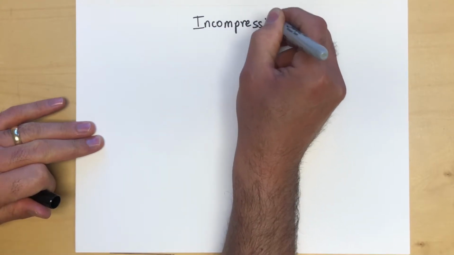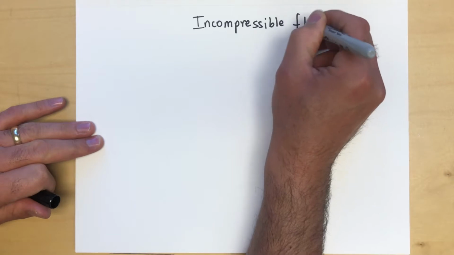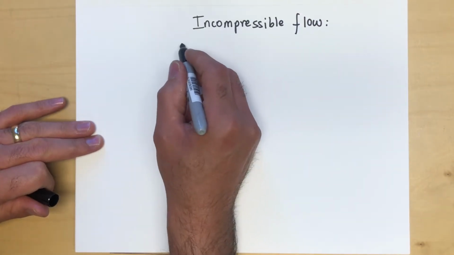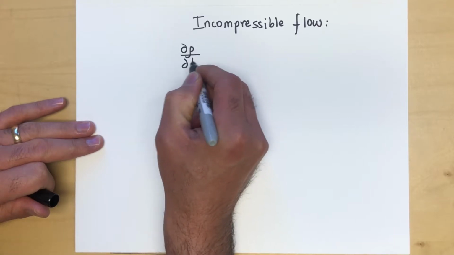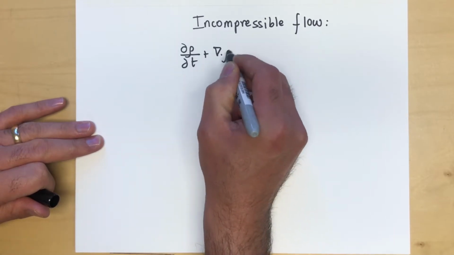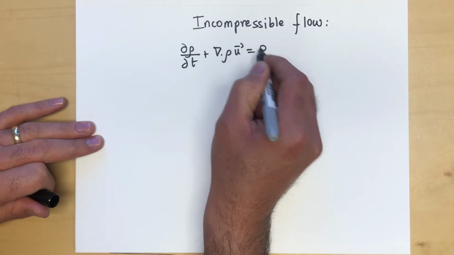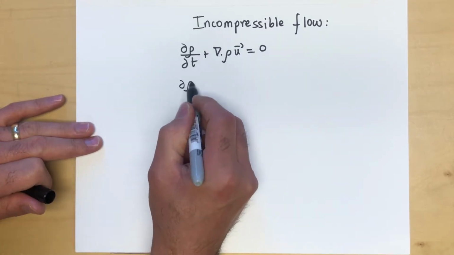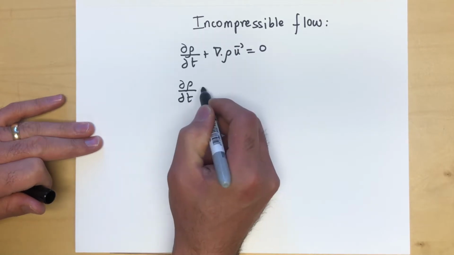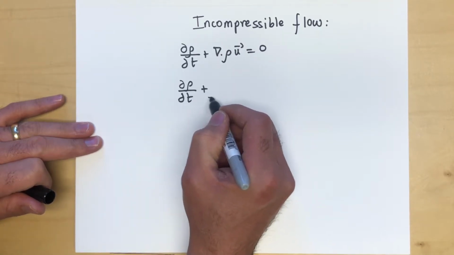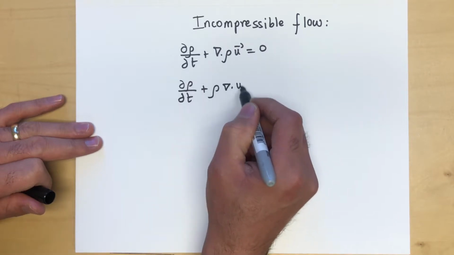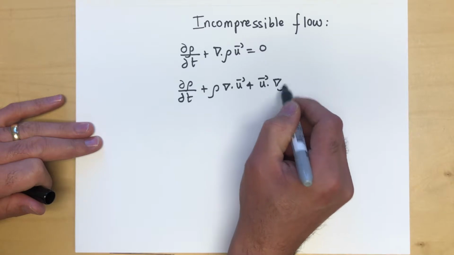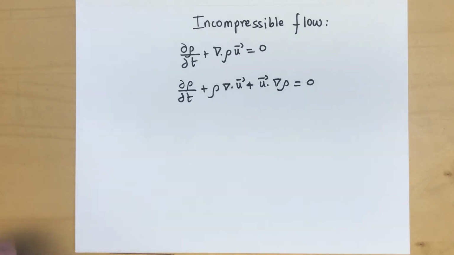Again we write the continuity equation, d rho by dt plus div rho u equals 0. Now let's split this term as d rho by dt plus rho div u plus u dot grad rho equals 0.